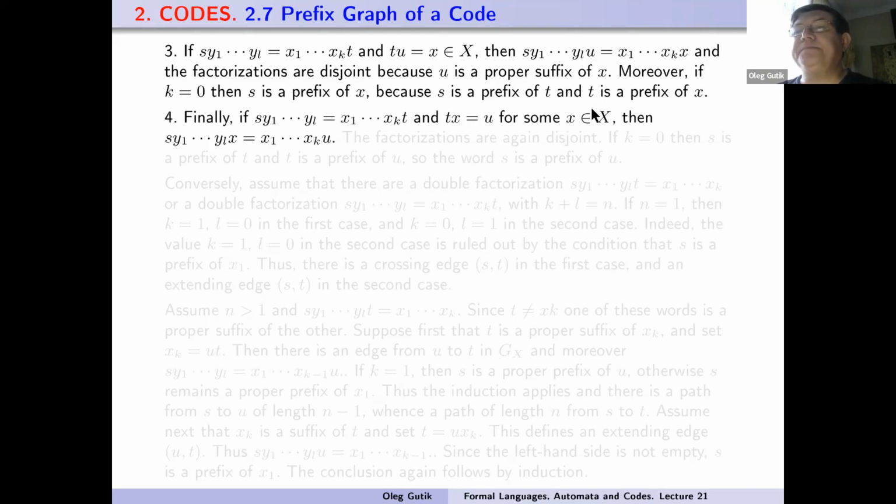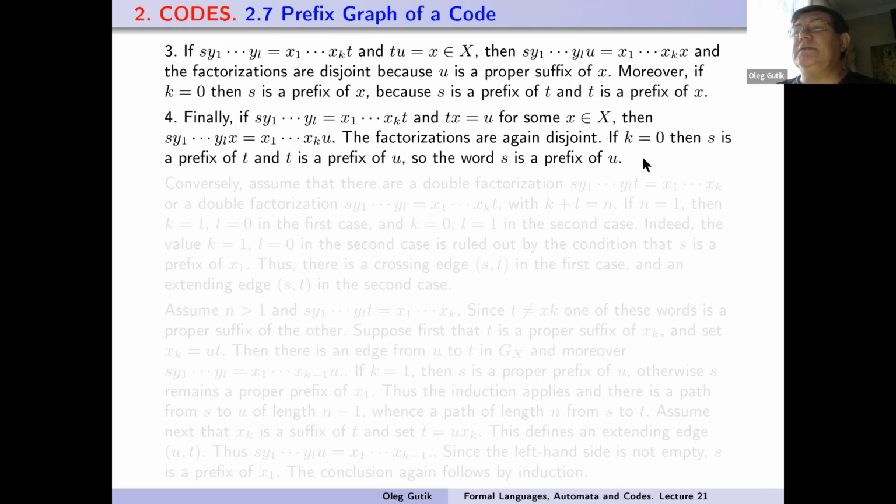And the fourth case, finally, if the word s y1 so on yl is equal x1 so on xk t and tx is equal to u for some word x from X capital, then we have that the word s y1 so on yl x is equal x1 so on xk u. The factorizations are again disjoint.